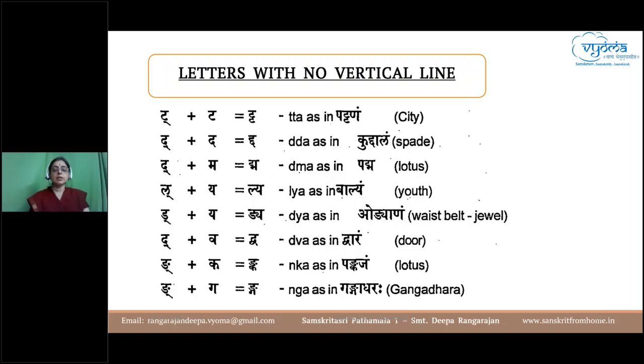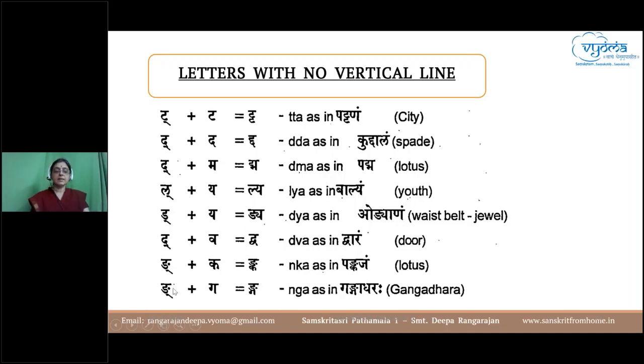The cha, cha, ja, ja, nya only has nyakara. This is ngakara. It has no nya sound, and when it combines with kakara, it becomes nka. Nka. Yes, very good. So it is pankajam. Lotus. You have padmam, you have pankajam. All these things mean lotus. We already saw kamalam, isn't it? Yes, ma'am.